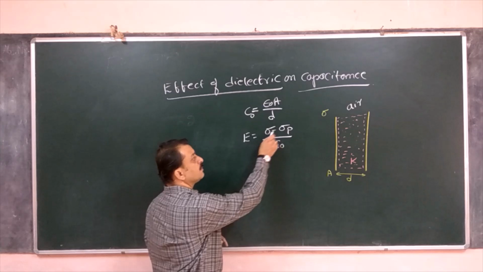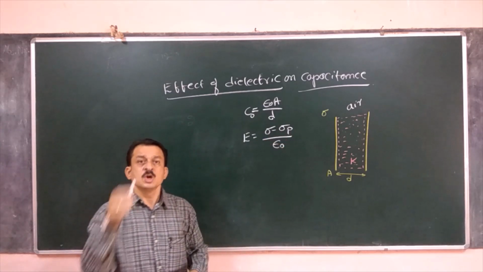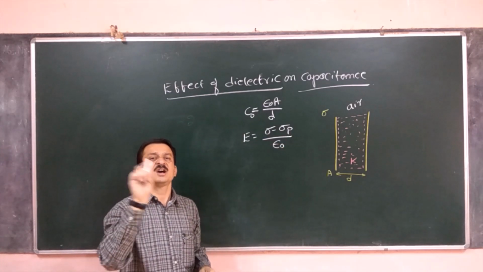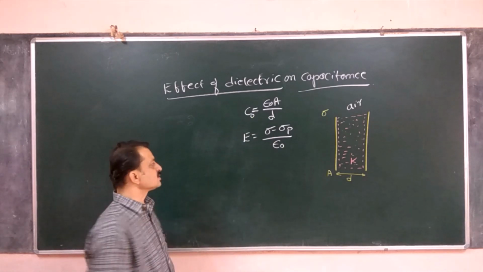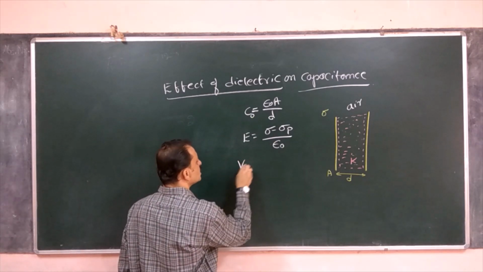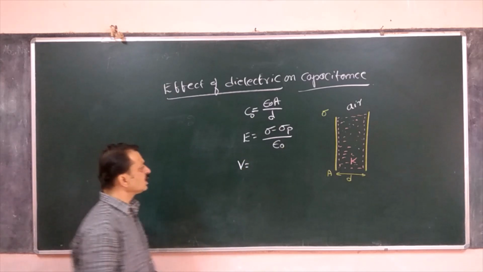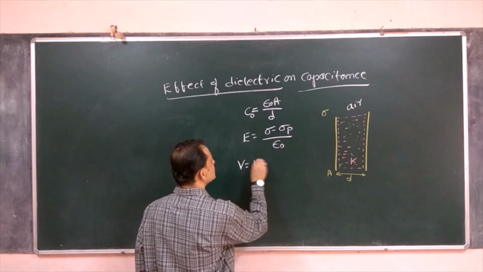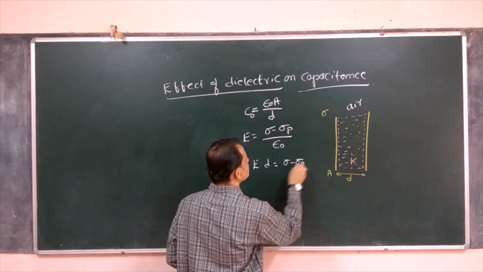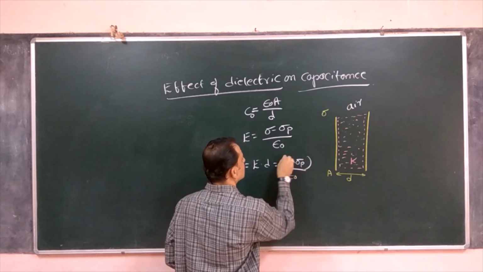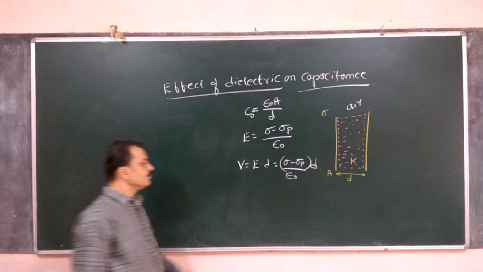So therefore sigma minus sigma p corresponds to net surface charge density. Therefore electric field obviously reduces. Since the electric field reduces, what about the potential? The potential also has to reduce. It is E into D. So that is given by sigma minus sigma p divided by epsilon naught into D.